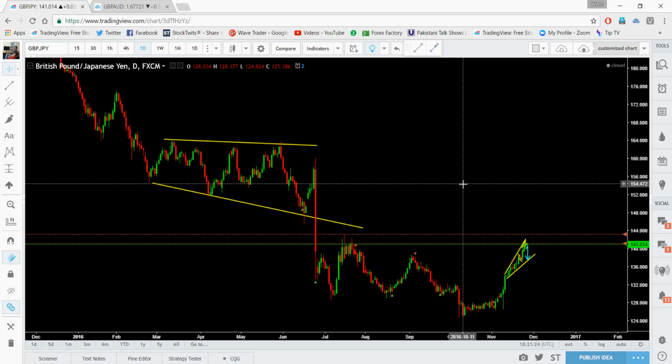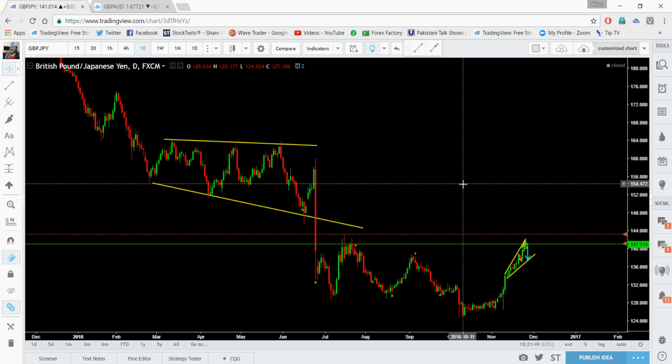Please try to focus on your structure drawing. Structure drawing is really important. By structure drawing you understand what pattern is there. And if you repeat that, identifying the pattern again and again, you will get the idea of how these patterns behave and when they form their price goal.